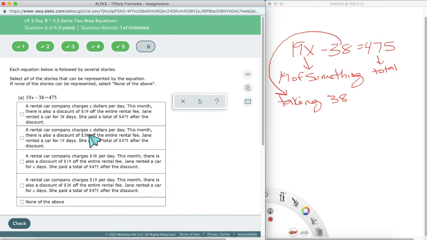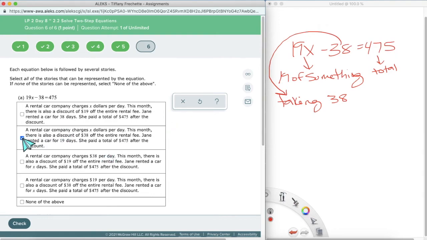Taking off $38, right? That's our discount. Jane rented the car for 19 days. Oh, okay, so this is definitely starting to work. This is the number of days. This is my something, and she did it for 19 days. And she paid a total of $475 after the discount, which means after we took the $38 off. Perfect. That totally works for our scenario.